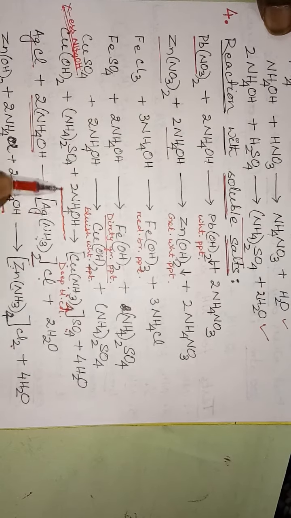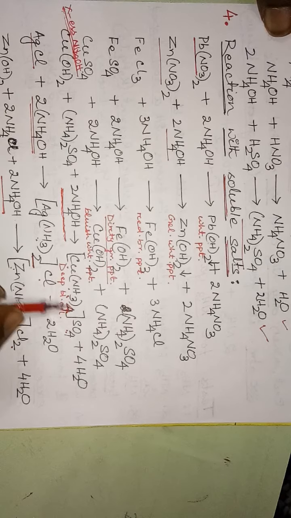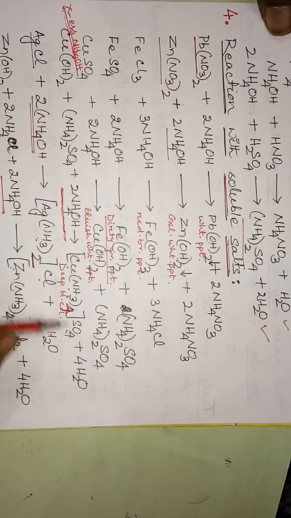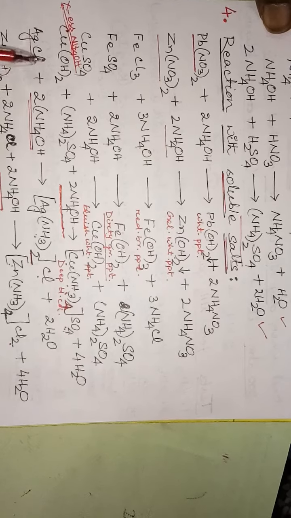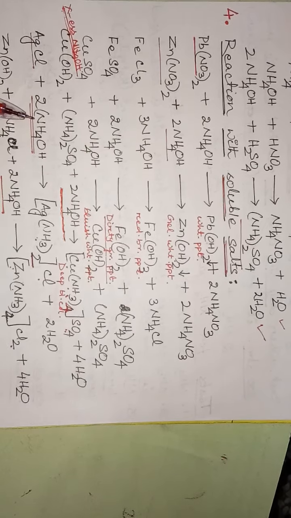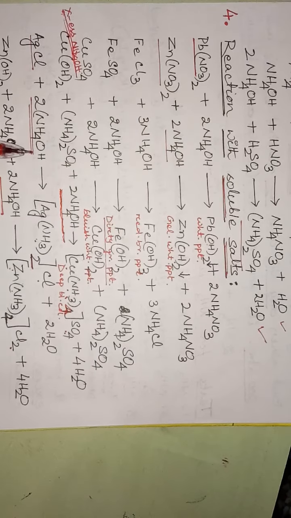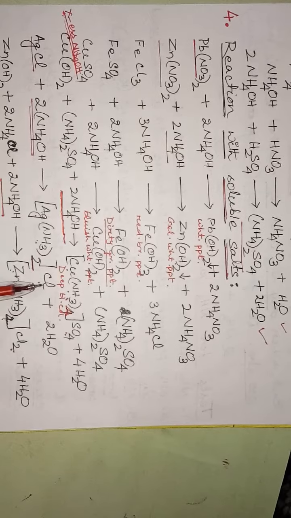Along with that, when ammonium hydroxide is added in excess, it forms Cu(NH3)4SO4, that is tetraamine copper sulfate, which is deep blue in color, with water. It's the same case with silver chloride. When silver chloride is treated with ammonium hydroxide, initially it forms a white precipitate of silver hydroxide.